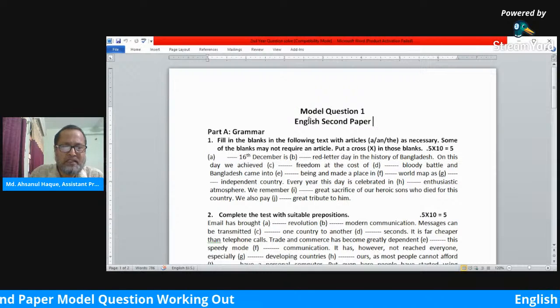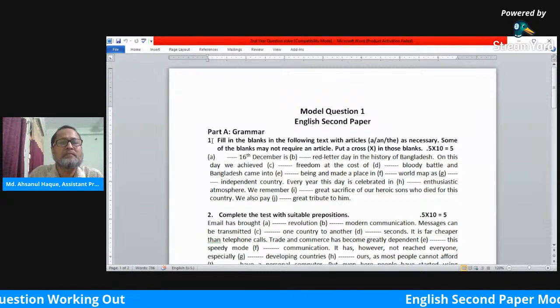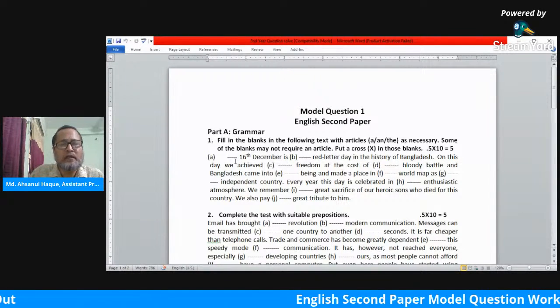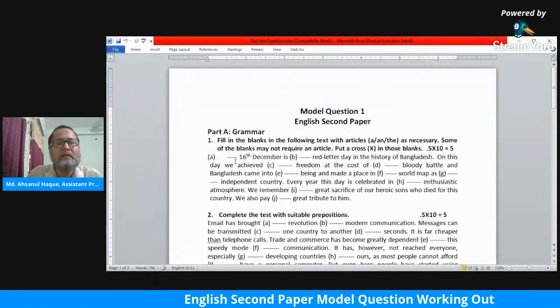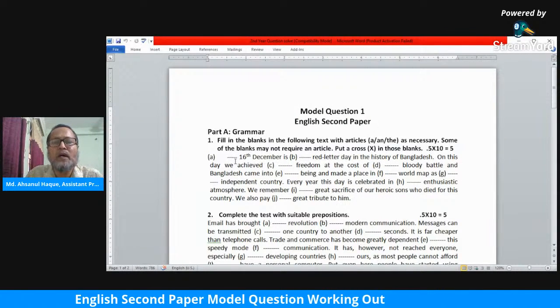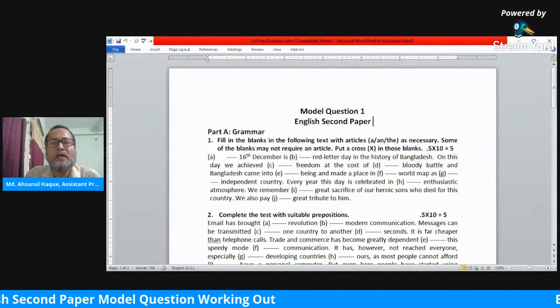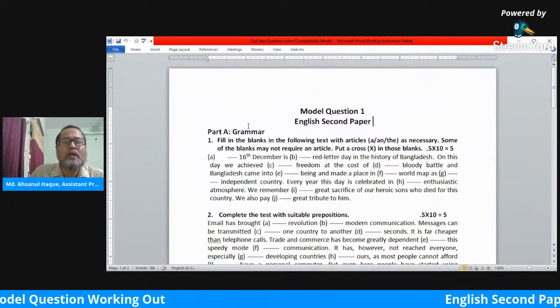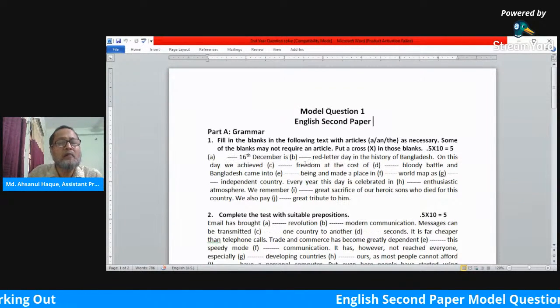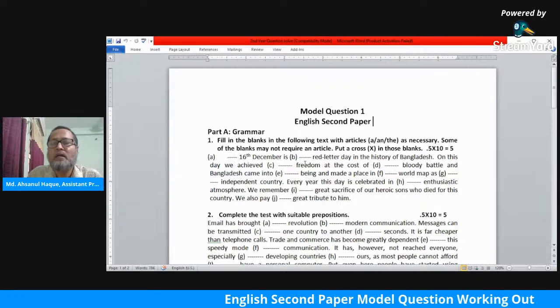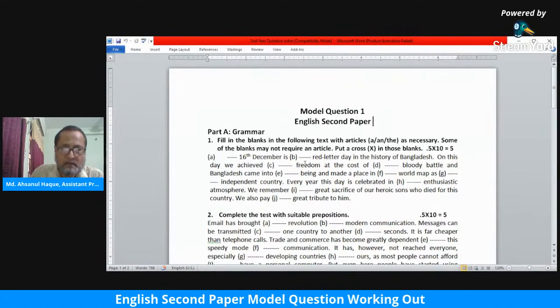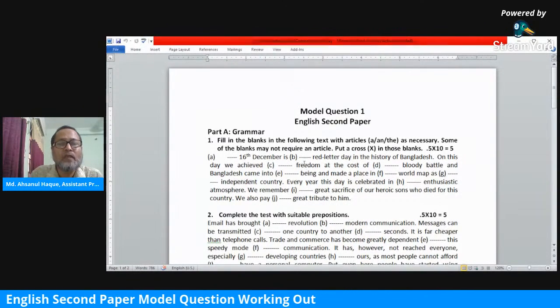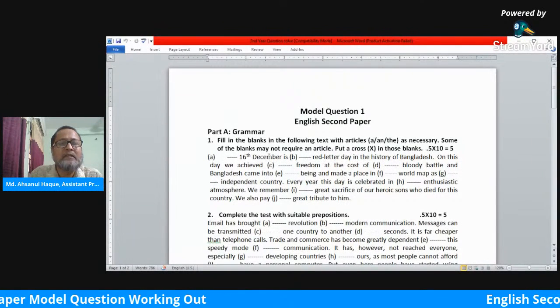So the questions are very much important for any exam. And as usual, the question begins with question number one on articles.